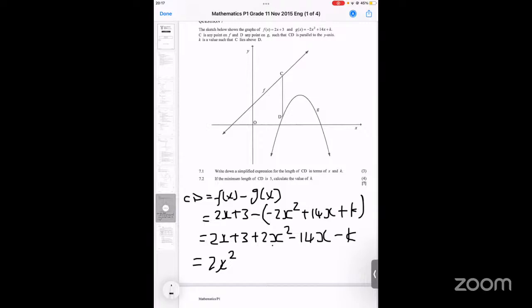So it should be 2x squared minus 12x plus 3 minus k. Okay, plus 3 minus k.